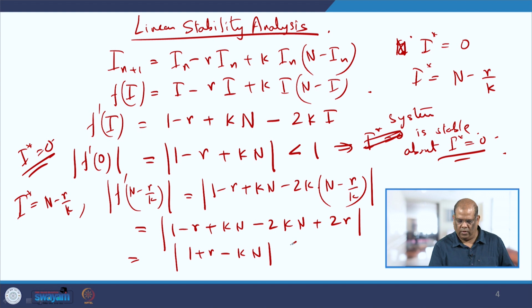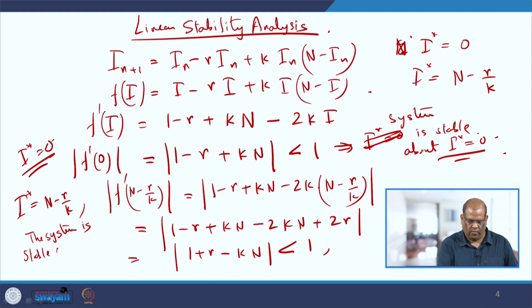So, if this is less than 1, we say the system is stable about I star equal to n minus R by K.